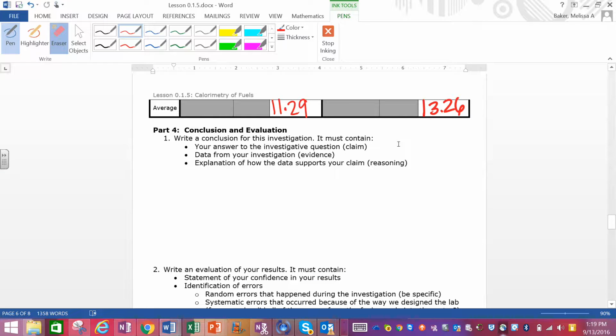All right. So now I'm going to write a conclusion using my data. So first, answer the question. And the question was, which fuel gives off more energy per gram?